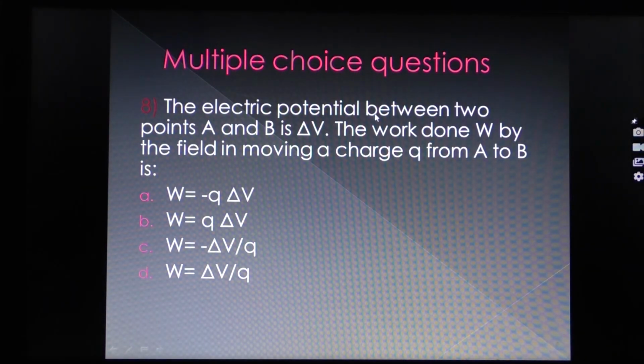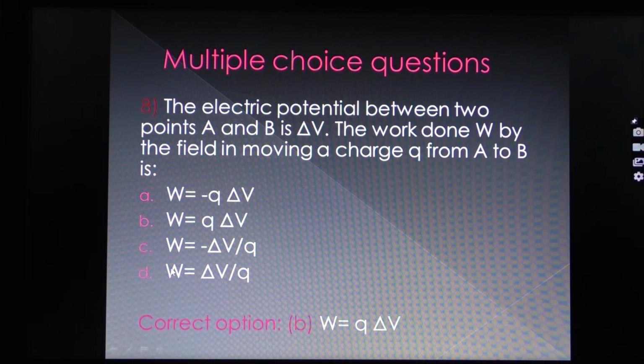The electric potential between 2 points A and B is delta V. Alright, there are 2 points, and across the 2 points the potential difference is delta V. The work done W by the field in moving a charge Q from A to B is: A. minus Q into delta V, B. Q into delta V, C. minus delta V over Q, D. delta V over Q. So which option is correct?